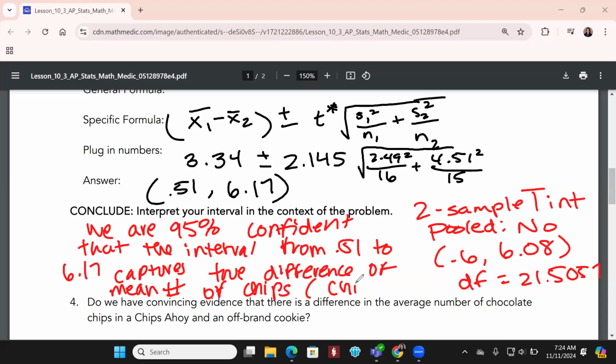And that's Chips Ahoy minus the other terrible cookie, minus off-brand.